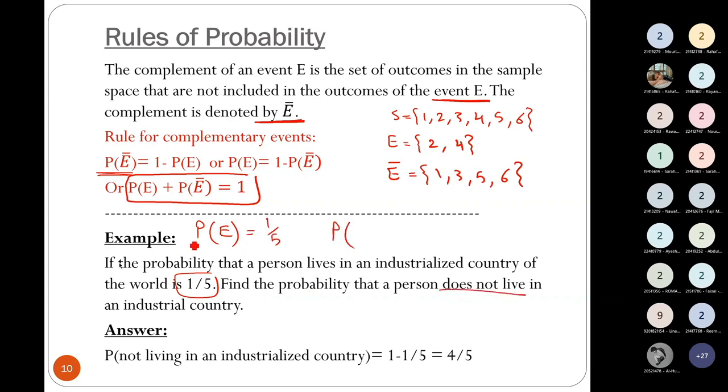This is live industrial, and this is not live, the complement. So this equals 1 minus P(E), that equals 1 minus 1/5 equals 4/5. This is the probability that the person selected doesn't live in an industrial country.